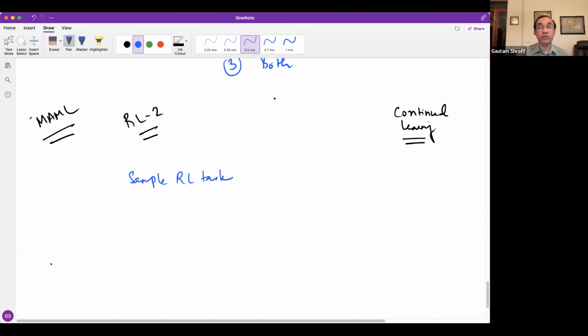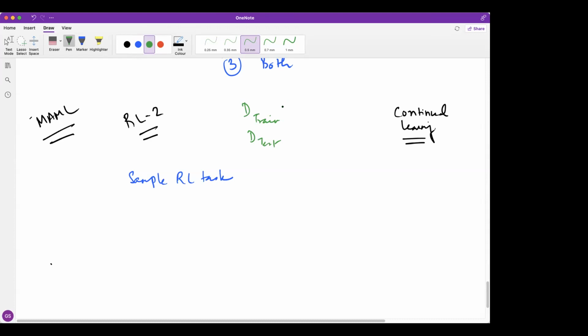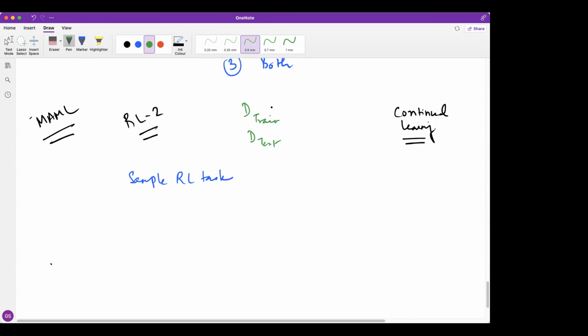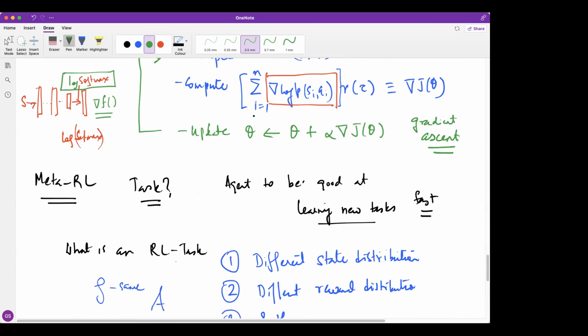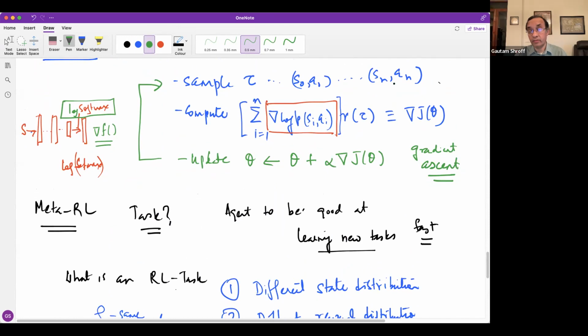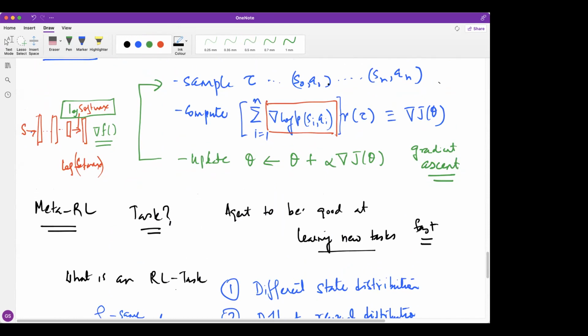And then for every meta learning algorithm, you need to find a D-train and a D-test, right? In the case of RL, what is D-train and D-test? What do you train on over here? You train on data. What is the data you train on? State action pairs. Yeah, so you train on a trajectory.